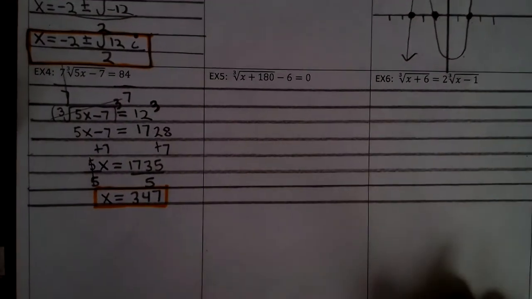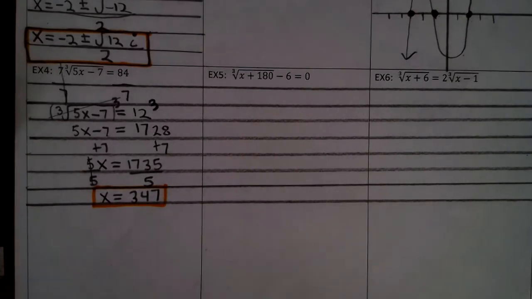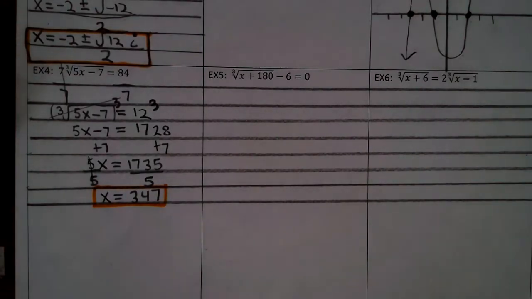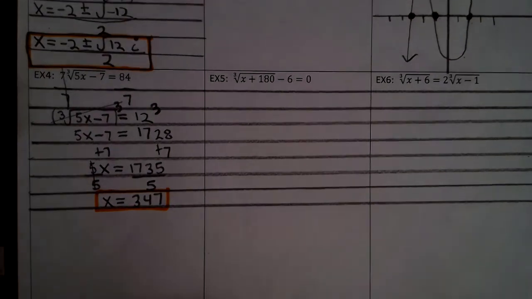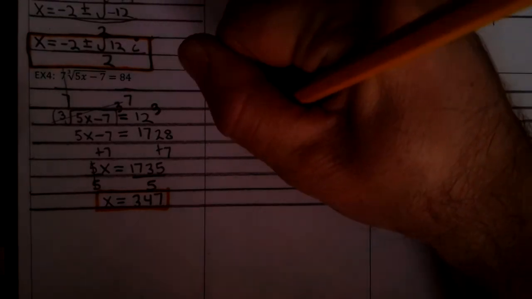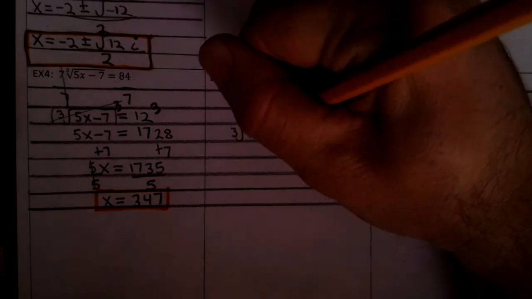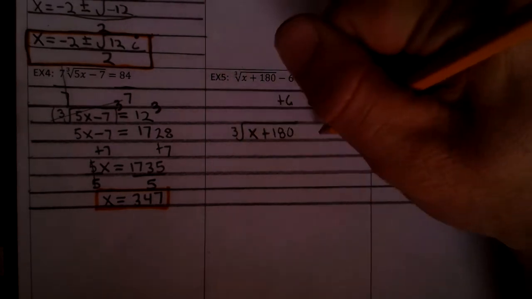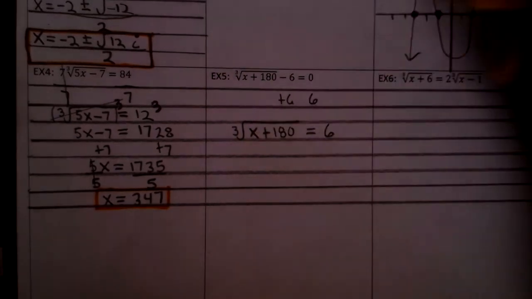All right. Now, first step, isolate the cube root. We're going to add 6 to both sides. So you get the cube root of x plus 180 equals 6. You're going to cube both sides. That becomes power of 1.